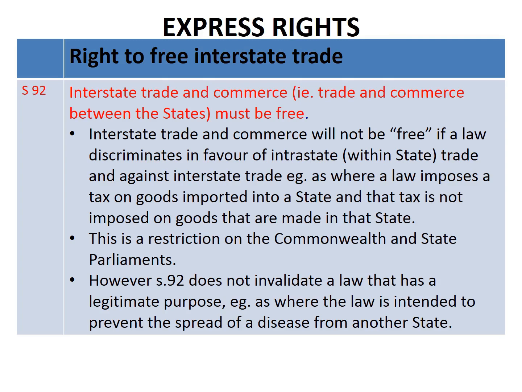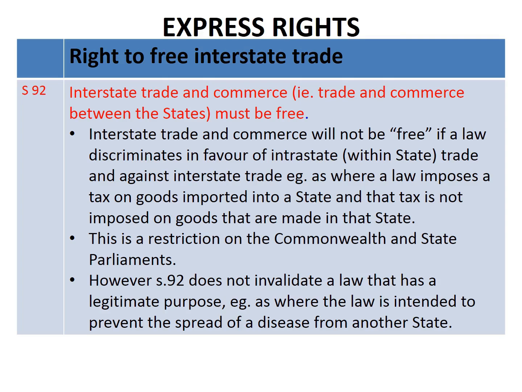You still need to know that there are 5 express rights, but the most important thing you need to know about these other 2 express rights is that, unlike the first 3 express rights, these rights restrict the lawmaking power not just of the Commonwealth Parliament, but also the lawmaking powers of the state parliaments. In other words, these 2 remaining express rights apply not just to the Commonwealth Parliament, but also to the state parliaments.